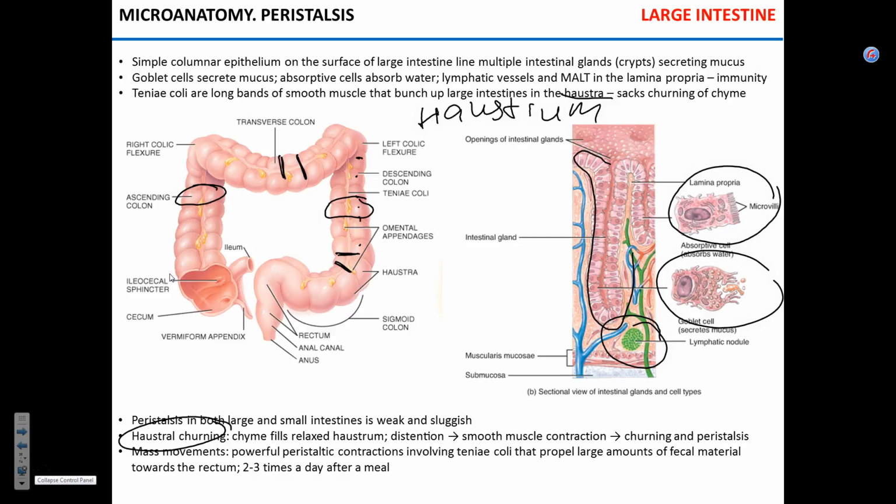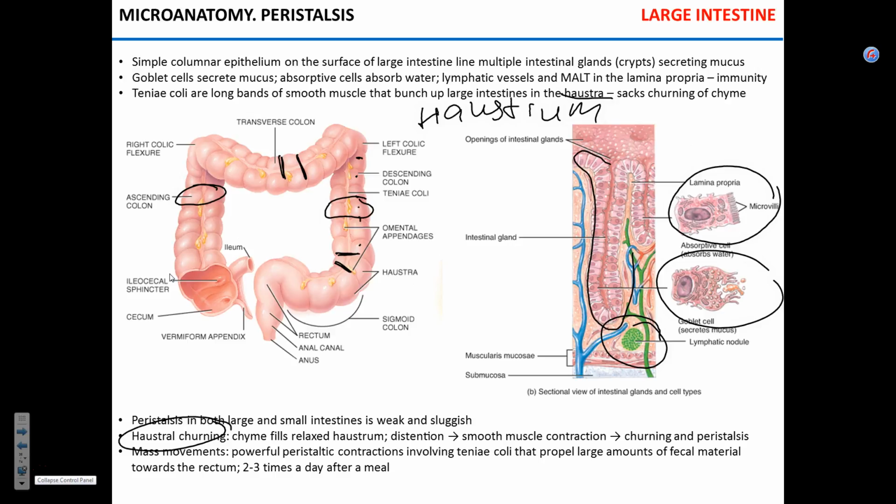So mass movements is when, instead of slow, remember we talked about peristalsis in the small intestine, it's sluggish. It's slow to allow digestive juices to break down the chemicals or the nutrients. But during mass movements, the peristalsis becomes powerful and pretty fast.